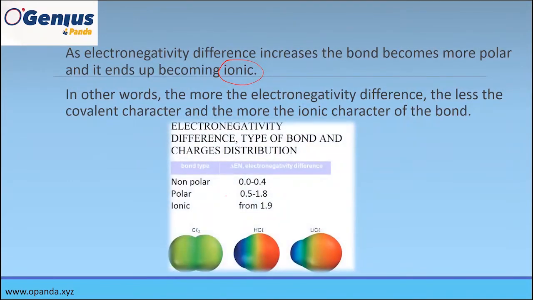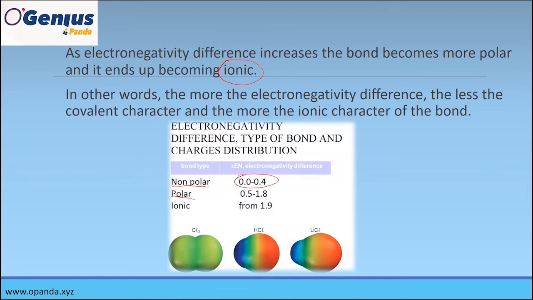Here we have some data which can help us determine whether a bond is polar, non-polar, or ionic. Based on the electronegativity differences, the bond is considered to be non-polar if the electronegativity difference is between 0 and 0.4.